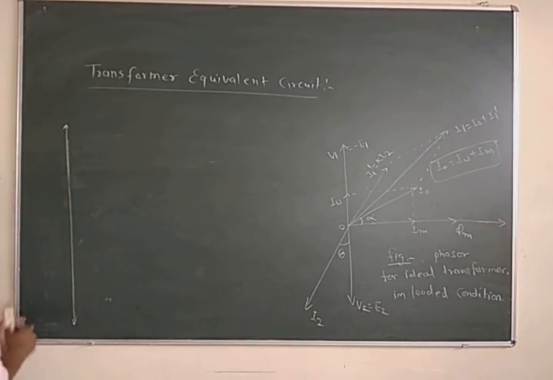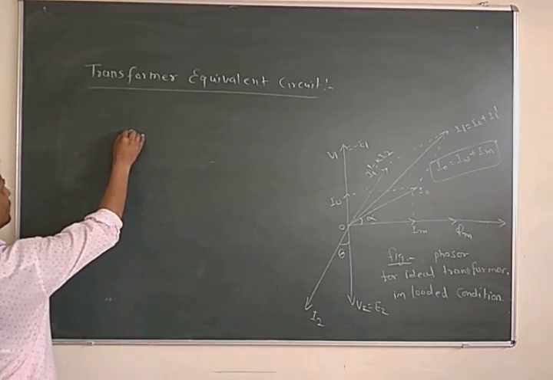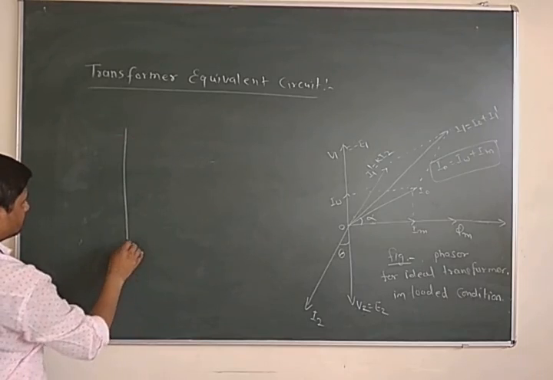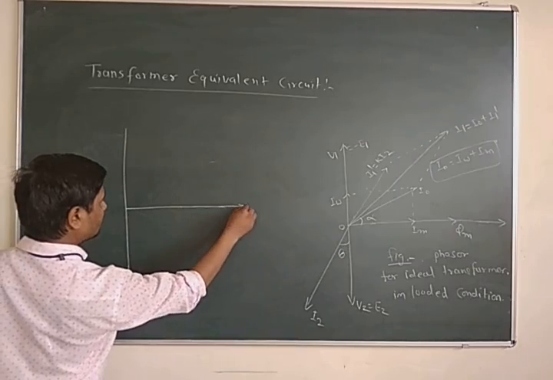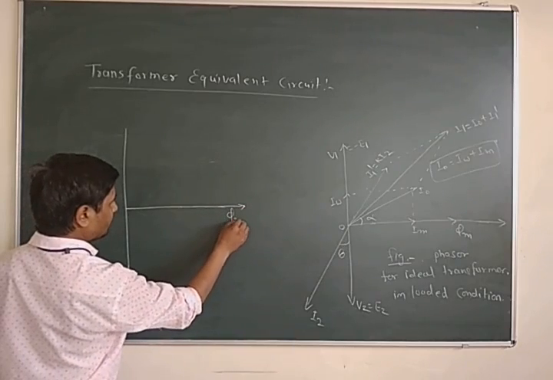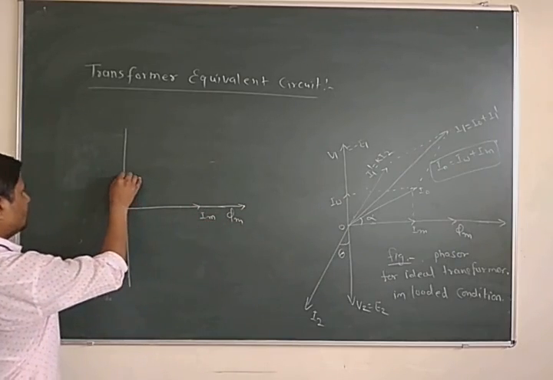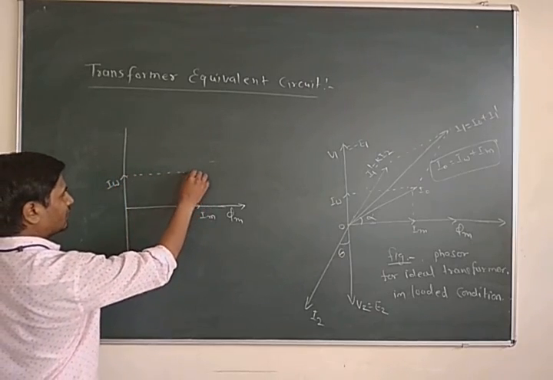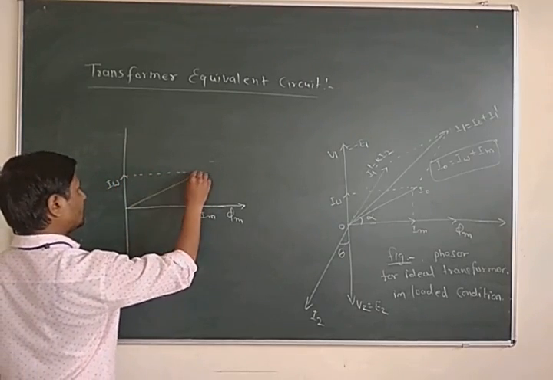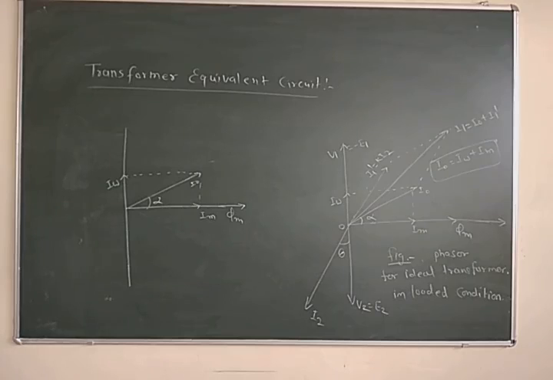So here for the practical transformer, flux is phi m, current IM, IW, and the sum of IW plus IM is equal to I0, with angle alpha.